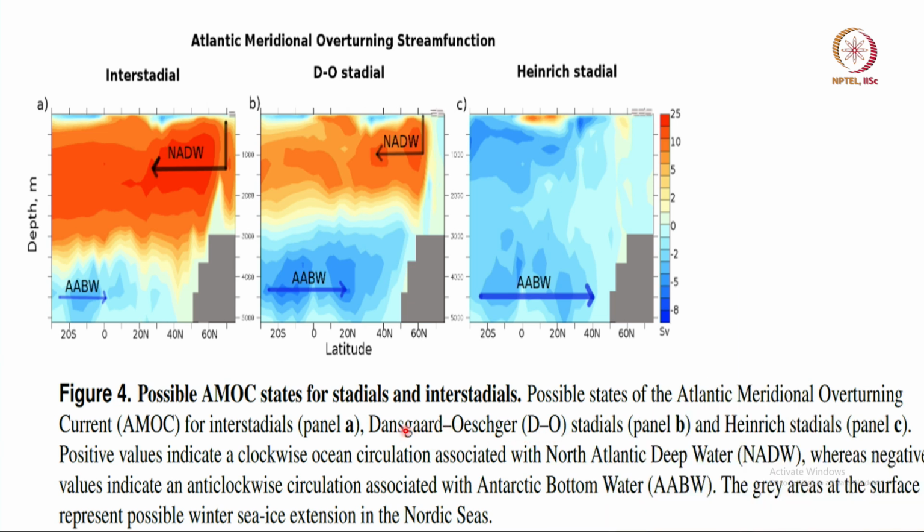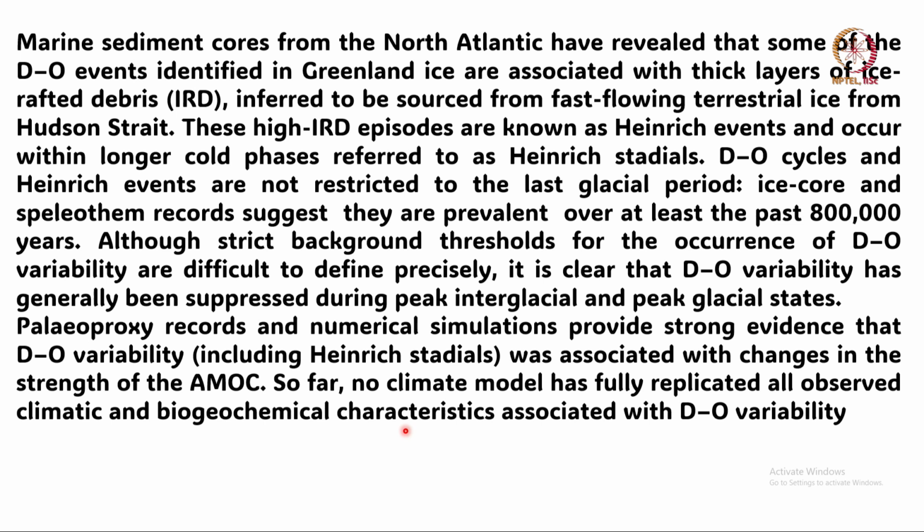These oscillations occurred every few thousand years during the last 800,000 years. You keep seeing these oscillations in the marine core data, in the ice core data in the northern hemisphere. You see these oscillations which are well documented and studied in great detail, because we want to understand what causes these oscillations and how such oscillations may occur in the future.